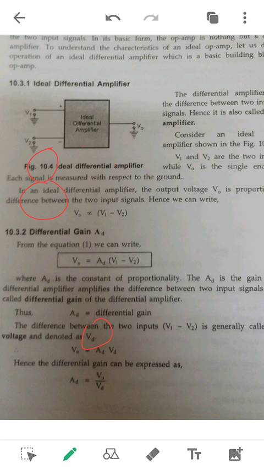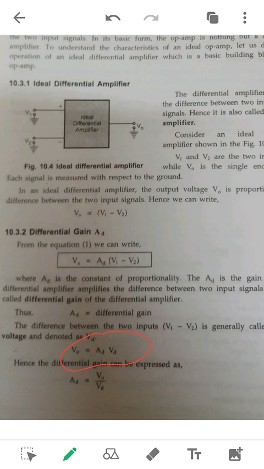So VD is the difference between the two input voltages, that is V1 minus V2. So the total output is given by the equation V0 equal to AD VD, the product of AD and VD.